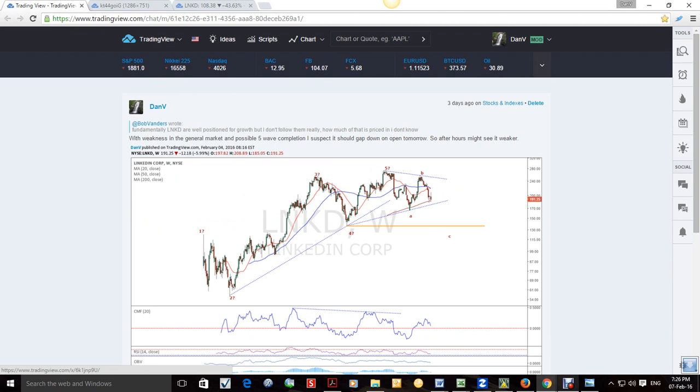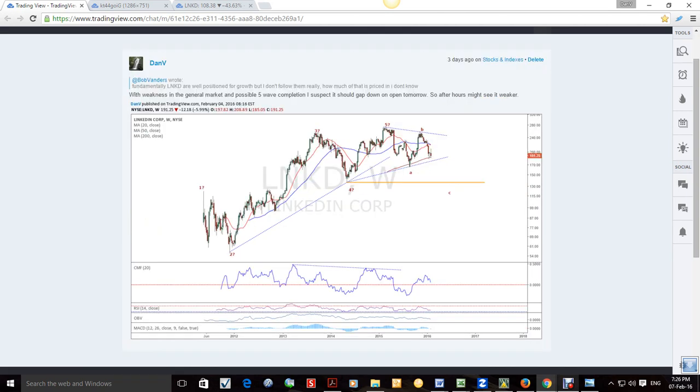So I posted this chart in the stock and index chat room in TradingView, sharing my comments and asking in general what is going to happen to LinkedIn once they release their earnings announcement.